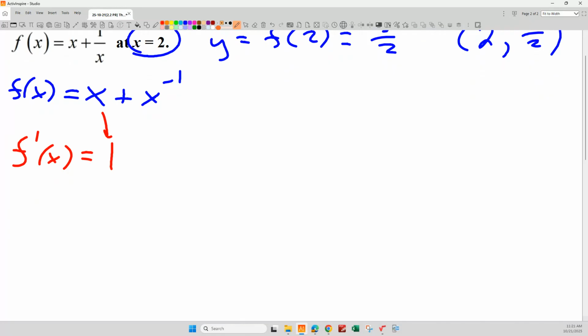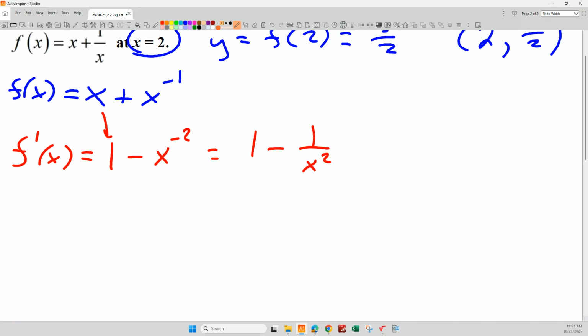Use your power rule. What are we going to do there? What do we do if I'm to the -2? Exactly. Bring the exponent down so we get a -1 in front, and subtract 1. So we just get that. Well, if I write that, maybe it's more convenient to write that in that form.